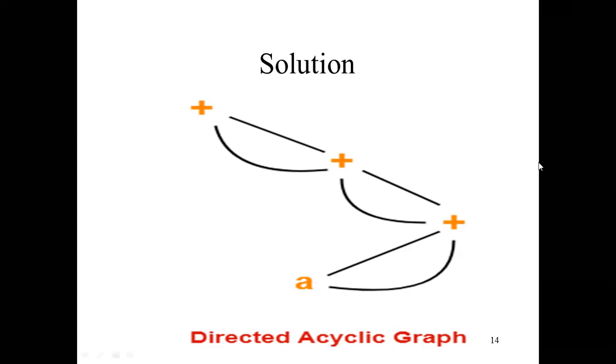So this addition is for completing the first expression A plus A. How can we draw the directed acyclic graph only for A plus A? Then this one only. A plus A gives output A plus A, and this one A plus A, and again A plus A. So we are again using this.